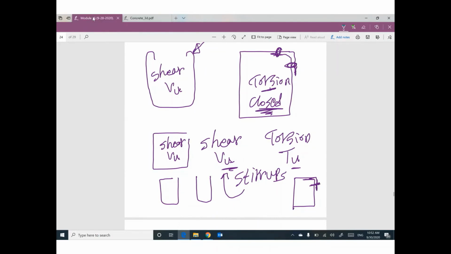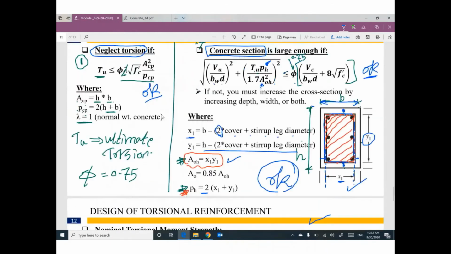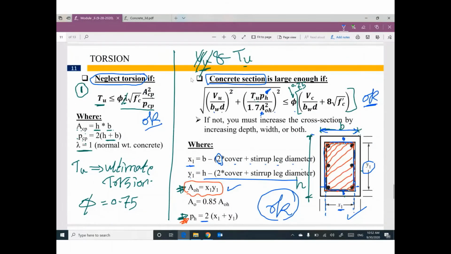We have few steps in design. We talked about the first two. You have to check if the torsion can be neglected or not, and if your cross section is large enough or not. Hey guys, if this expression is not verified, that means your cross section as a concrete is not enough. We have to increase it.